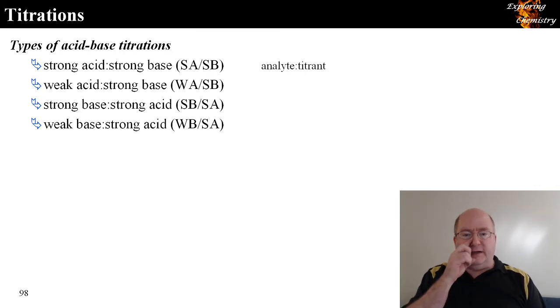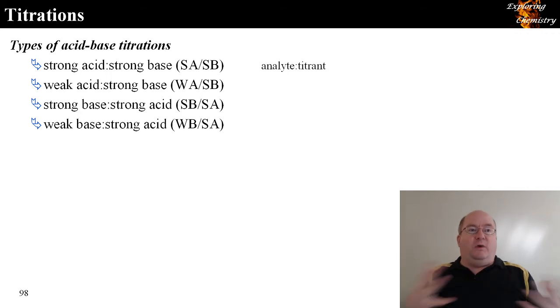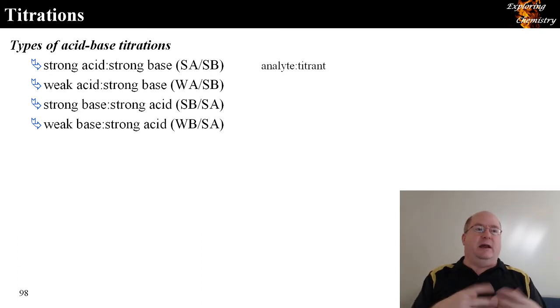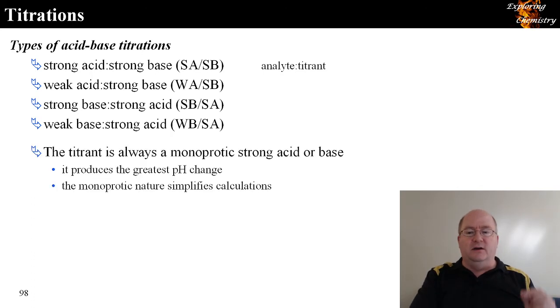In the context of titrations, we have 4 possibilities. The analyte could be a strong acid or weak acid. It could be a strong base or a weak base. As chemists, we can't control the analyte. You get a sample that comes in, could be water, could be blood, could be an unknown solution. You don't have the ability to control the analyte. So it could be strong or weak, acidic or basic.